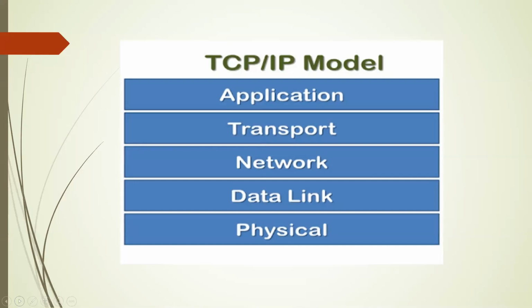The TCP/IP model was developed earlier than the OSI model. The TCP/IP model is not exactly like the OSI model; just like I have earlier said, it is the concise form of the OSI model.